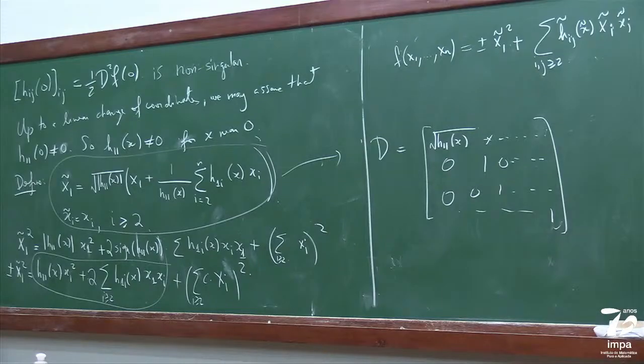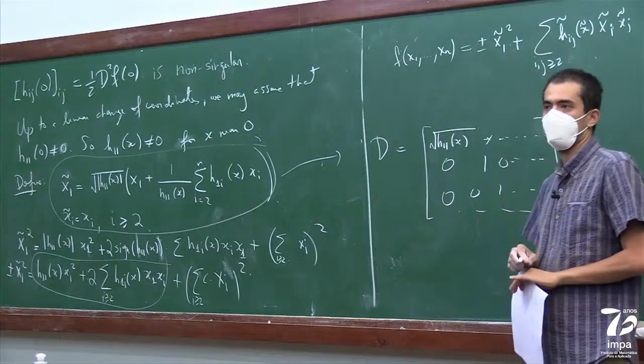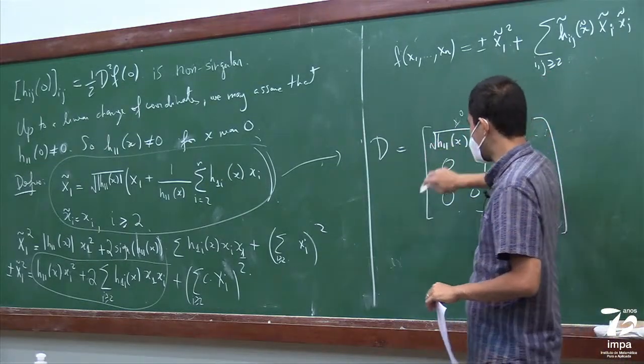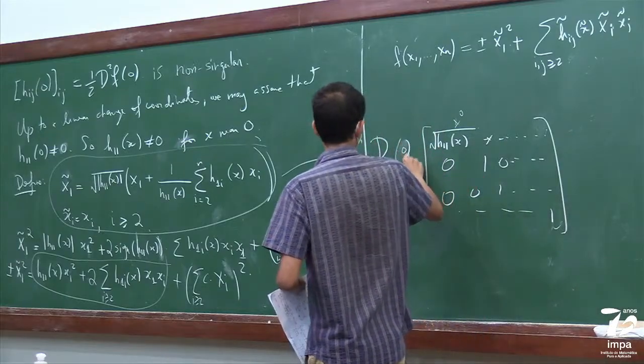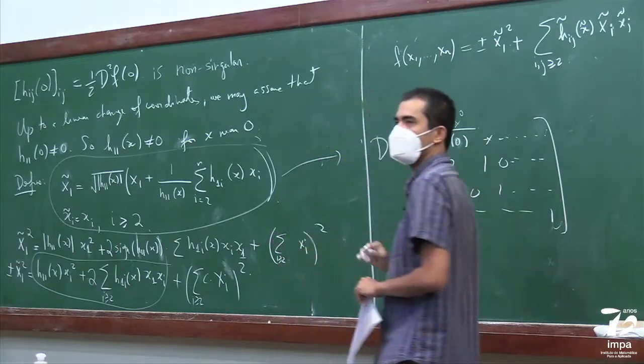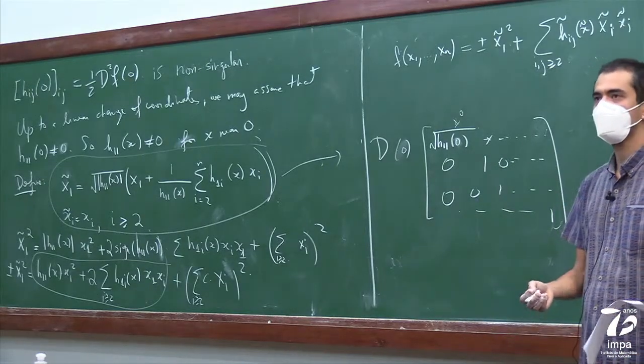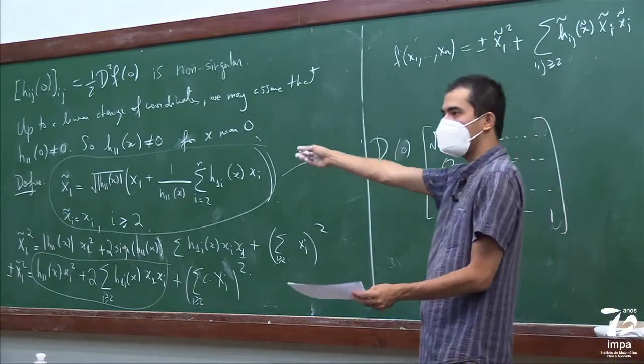So this matrix is invertible. It's because it's upper triangular, and the whole diagonal is different from 0. This guy is different from 0. So that means that at 0 this is invertible. So by the inverse function theorem, you can invert that. So this will be, in fact, a new chart.